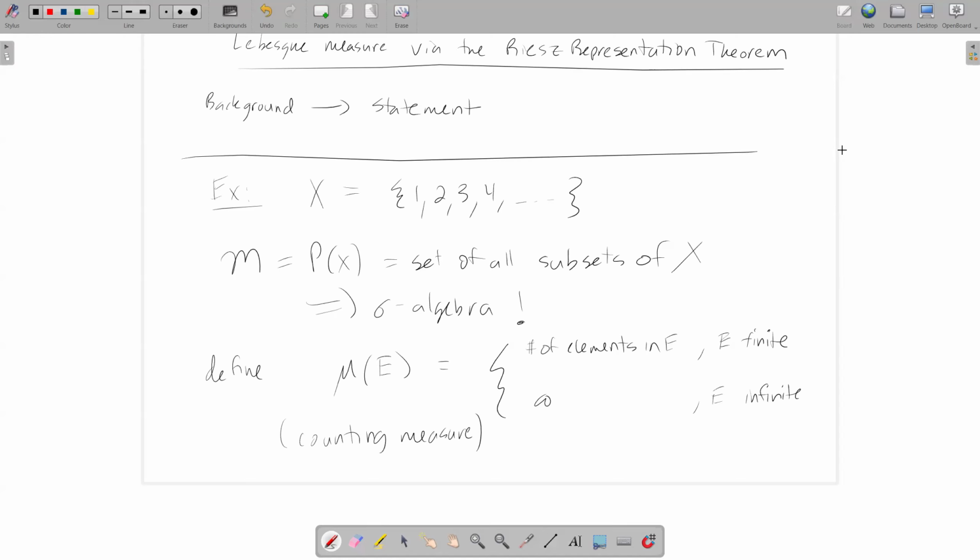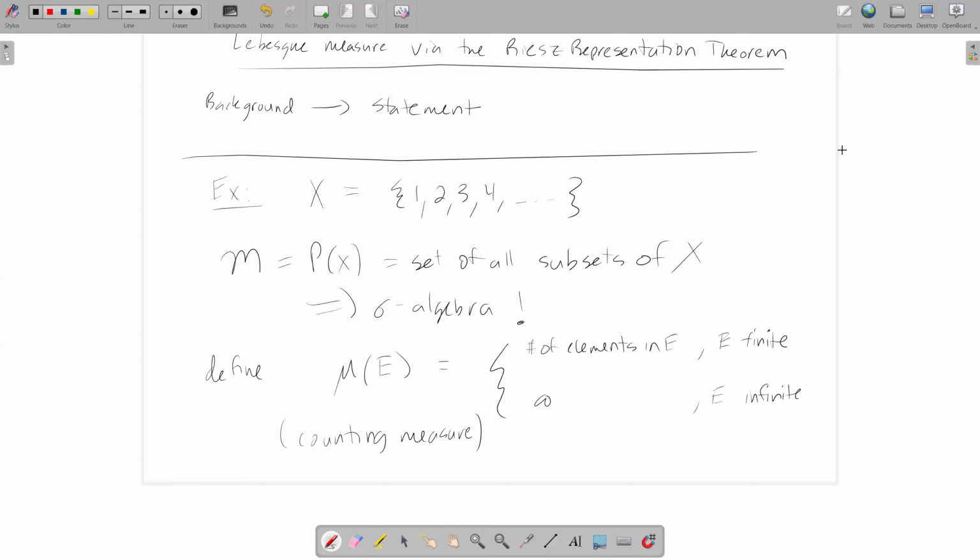And obviously, if only finitely many of them are non-empty, then the number of elements in the disjoint union is the sum of the number of elements in the individual sets. It's pretty easy to check, basically. So anyway, this is an example of a measure. It's a pretty cool one.